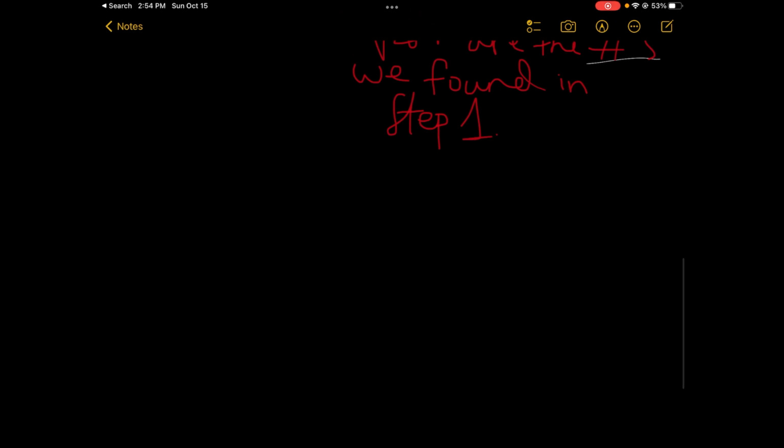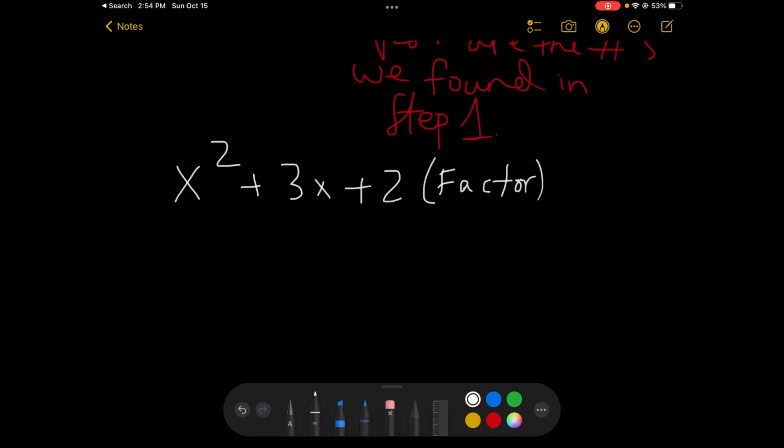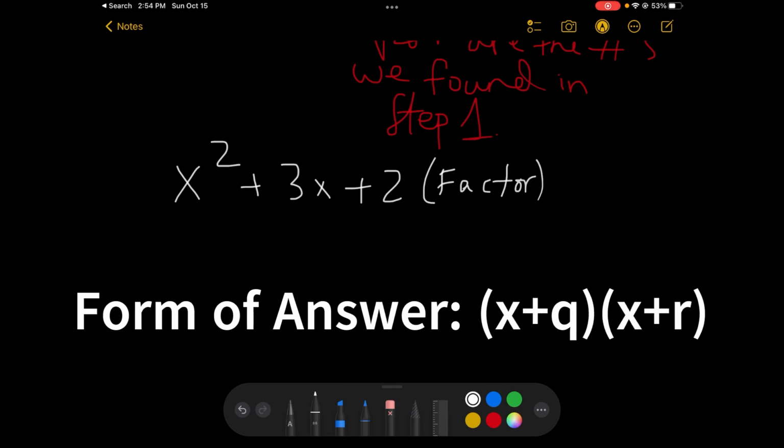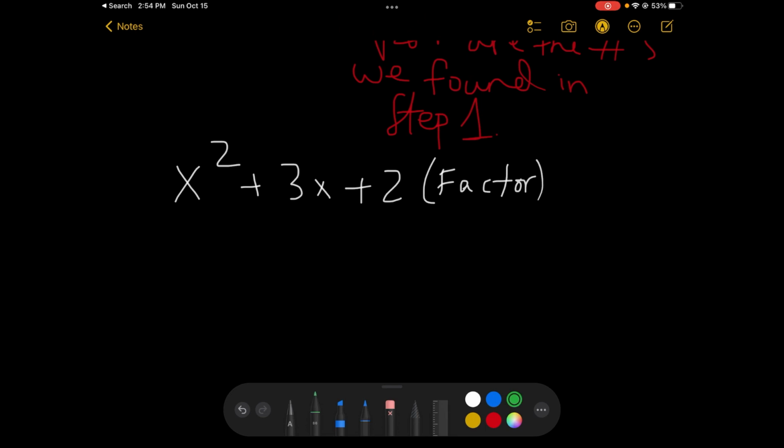So let's practice with an example. So I'm going to take a look at the quadratic x squared plus 3x plus 2. And we have to factor this. Now, using the two steps that we discussed above, we want two numbers that add to our b value, right?